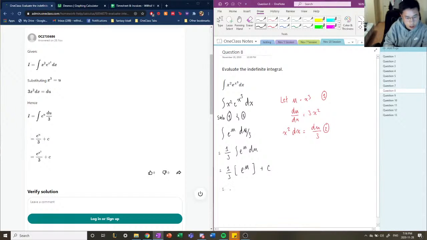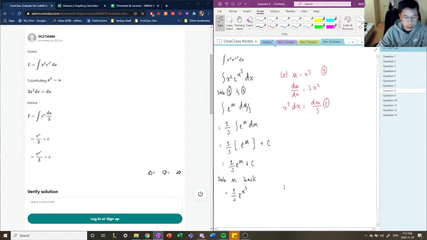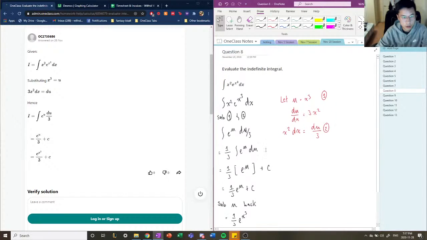Okay? So now we have 1 over 3 e^u plus c, and we're going to sub u back in, and this is what we get. 1 over 3 e to the power of x cubed. Okay, so this is our indefinite integral.